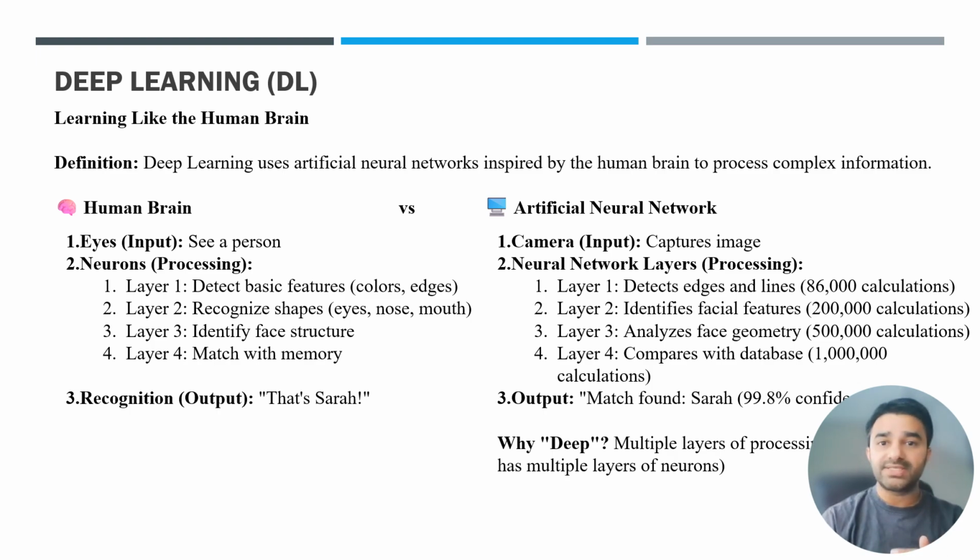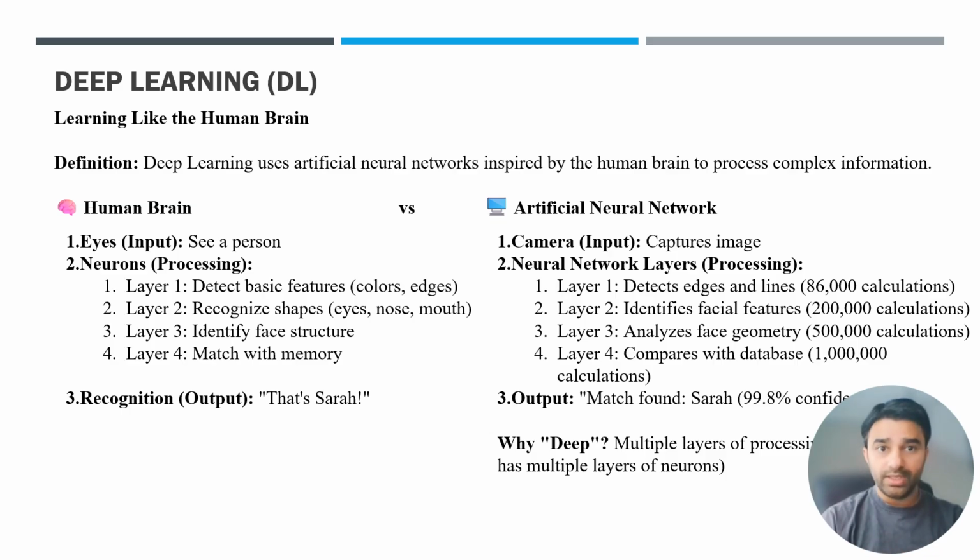Now let's see how deep learning does a similar thing. When a camera captures an image of a face, that's the input, similar to your eyes seeing someone. Then, an artificial neural network processes this through multiple layers. In layer 1, the network detects the edges and the lines in the image. It might perform 86,000 mathematical calculations to identify these basic features, similar to what your brain's first layer of neurons does.